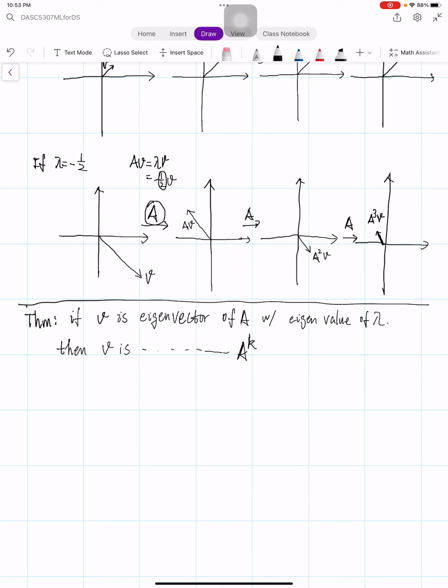You multiply A multiple times, you get another matrix, but the eigenvector is the same. But the eigenvalue will be raised to the power k.